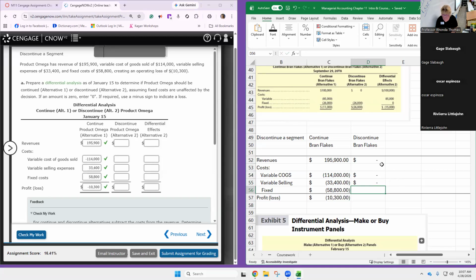Let's put a negative here to represent that those fixed costs still go on, even if we discontinue the brand flakes. What's going to happen is that amount of the fixed cost is going to have to be spread out over the continued cereal lines, and then they're going to end up with less of a profit.